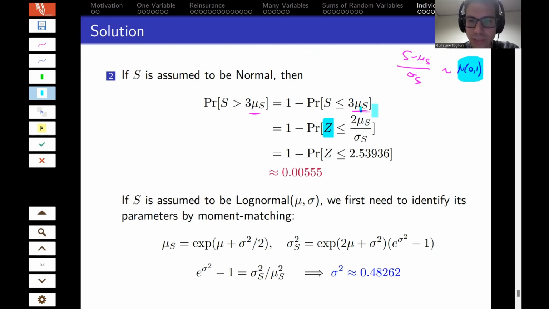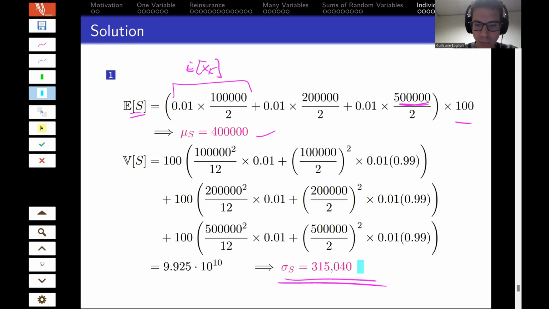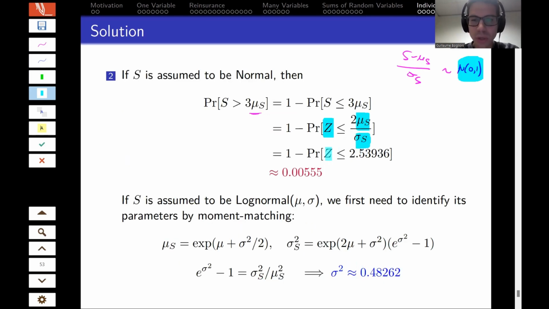Of course, you apply the standardization on the other side as well. 3 mu S minus mu S divided by sigma S becomes 2 mu S divided by sigma S. Mu S and sigma S denote the mean and standard deviation of our S. They're over here. So if you plug in the numbers, you get the probability that a standard normal is smaller than whatever this constant is. This probability is pretty high, close to 1, but 1 minus this is going to give you a pretty small number.